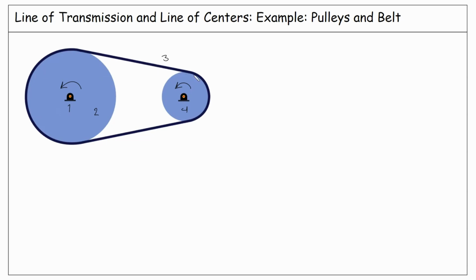In a case of pulleys and belt like this, the line of transmission is along the belt. Let's extend the belt up to here. Now for the line of centers, we connect the centers of the pulleys and continue to intersect the line of transmission. Let's name the intersection Q as usual.